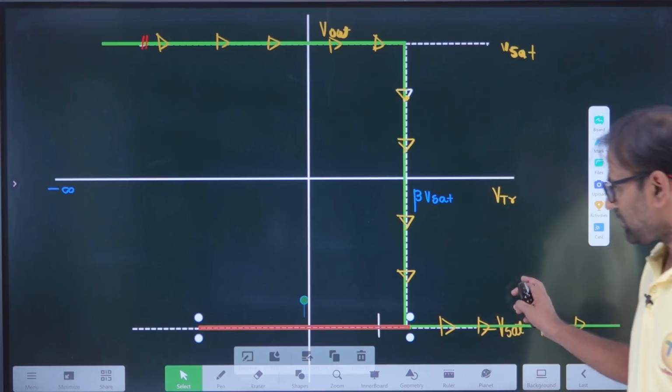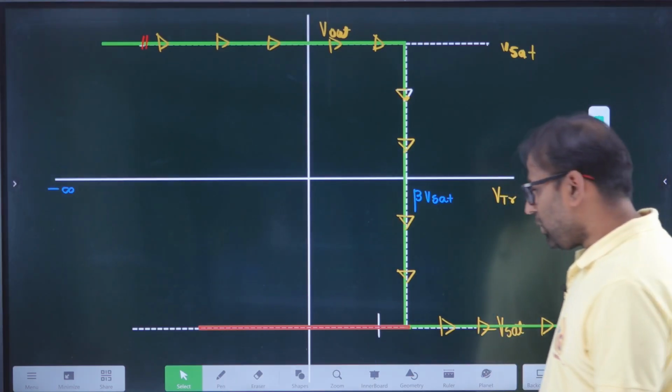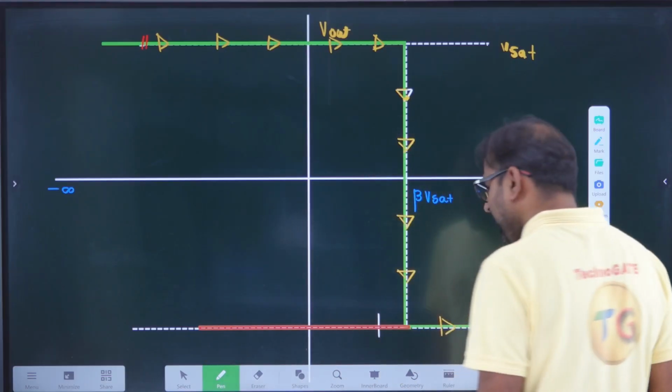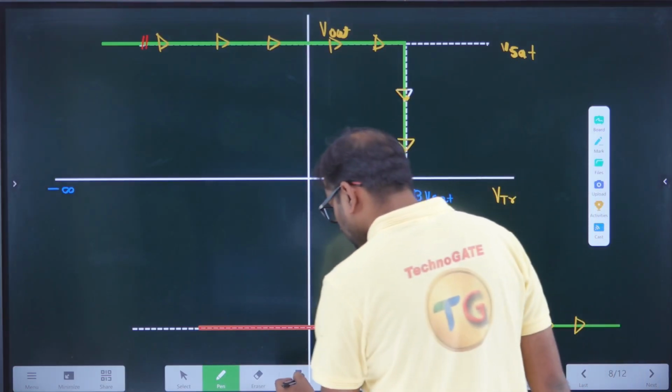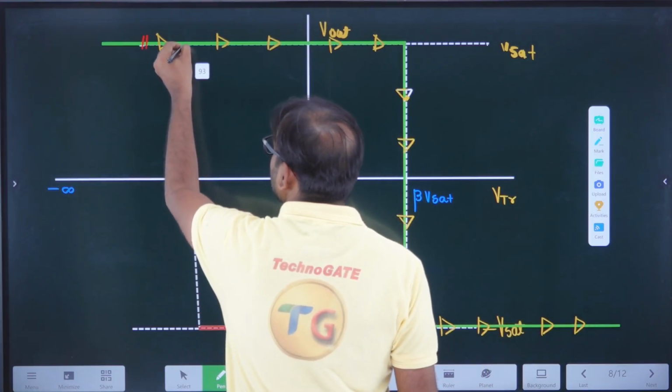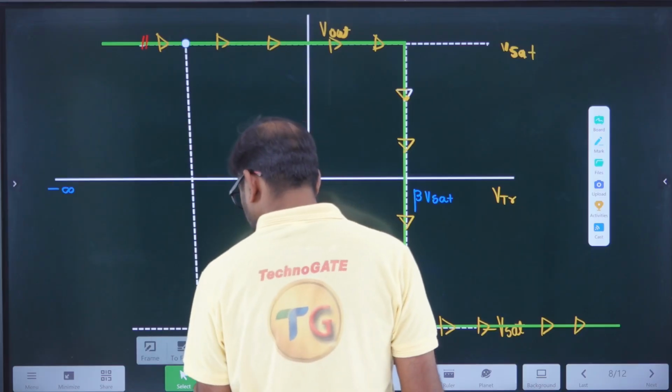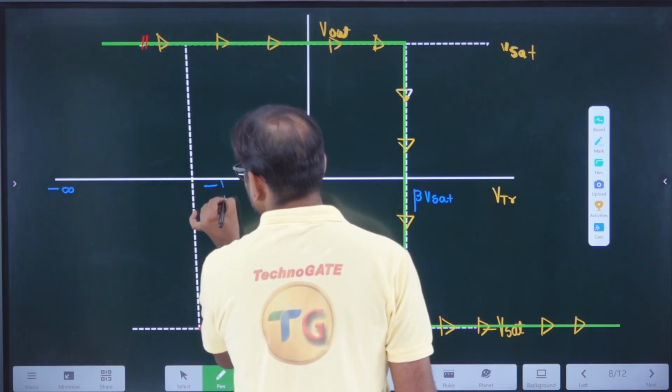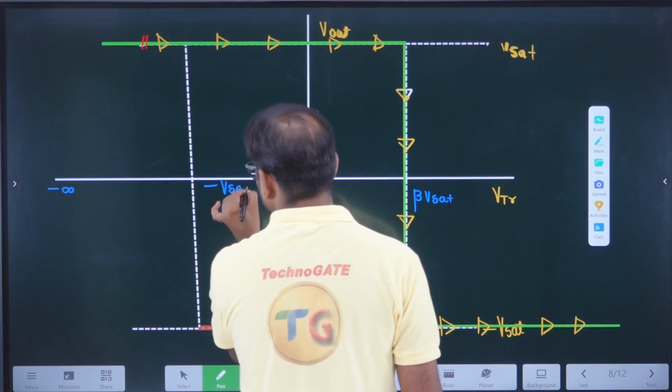Okay, fine. So what they are saying is that from infinite to minus beta into V saturation, and which point is my beta into V saturation? Let's say this point represents plus V saturation. This point represents minus V saturation.